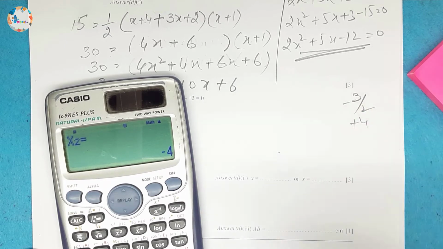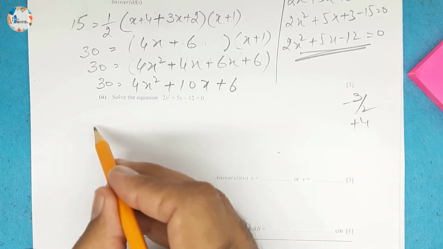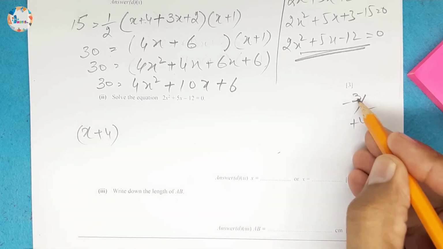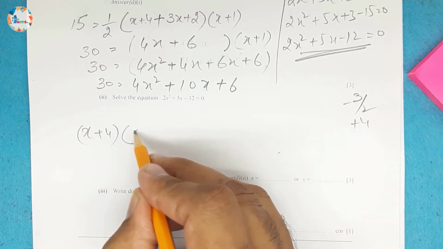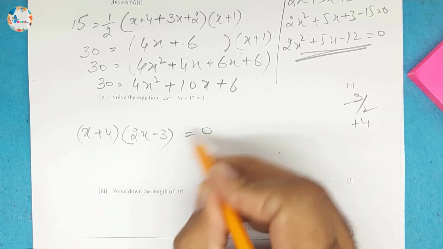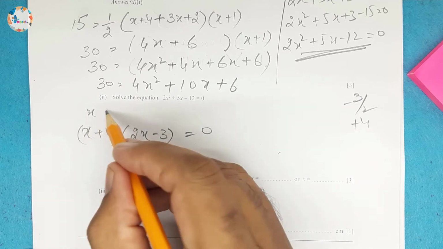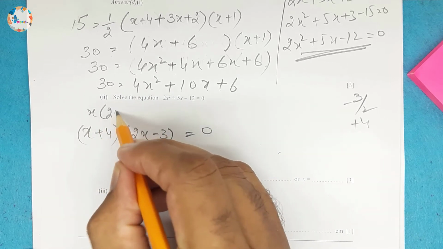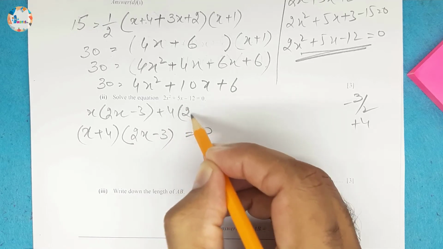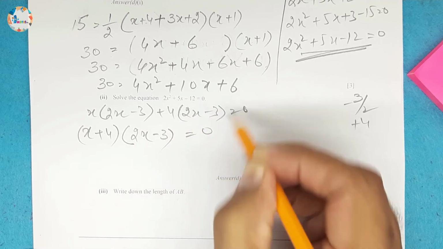So we will change sign, and then we will write the fraction like this. We can write x plus 4, and for this one we can write 2x minus 3. So these will be the factors, and here we can write x into 2x minus 3 and plus 4 into 2x minus 3 is equal to 0.